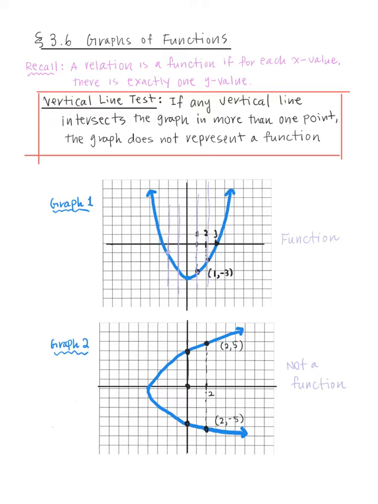And then let's take a look at graph number 2. So if I draw the vertical line along this graph, do you see that that vertical line is going to intersect the graph in two places? Therefore, it is not going to be a function.